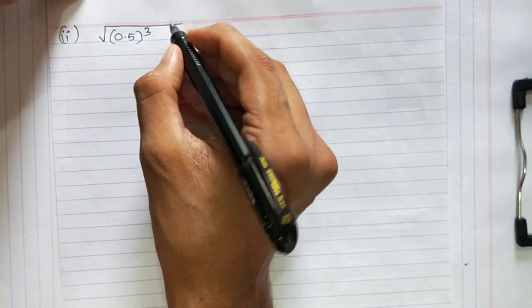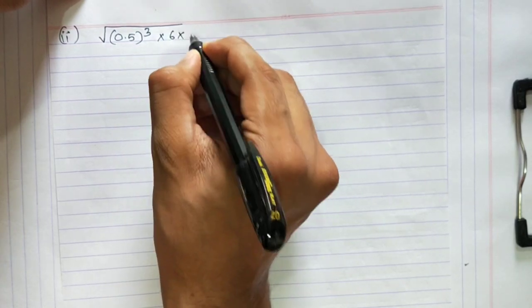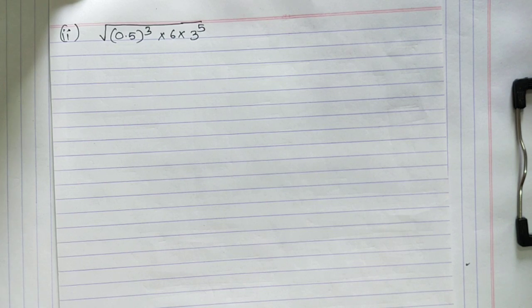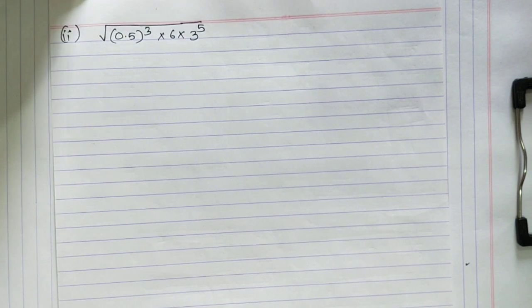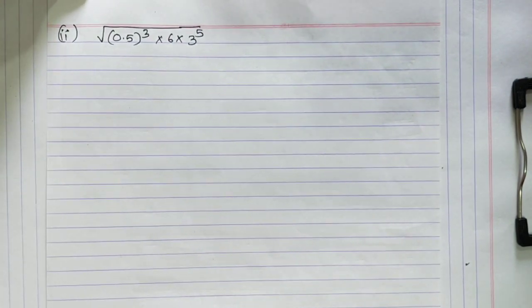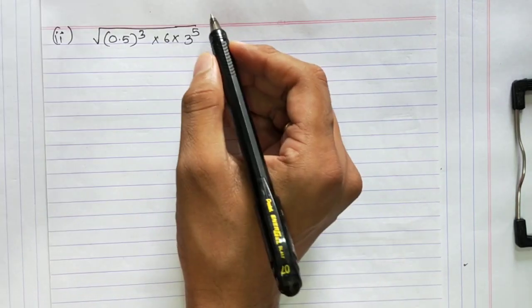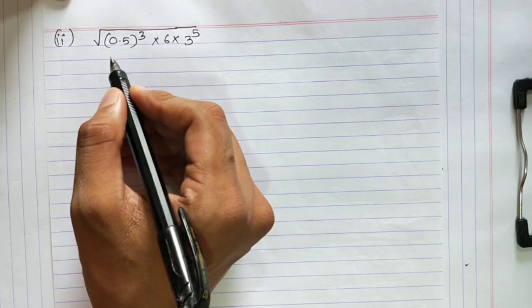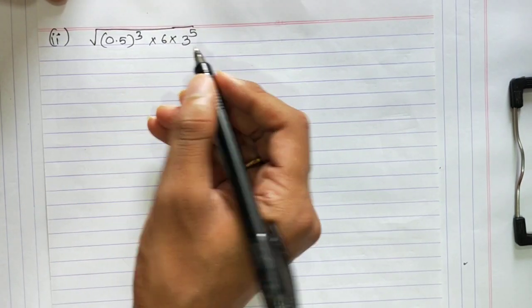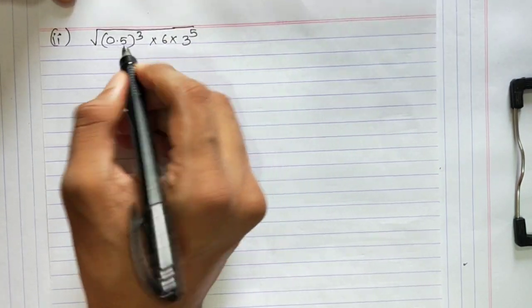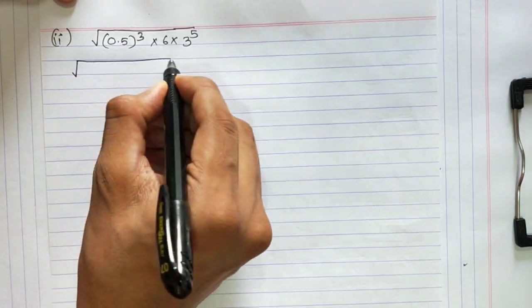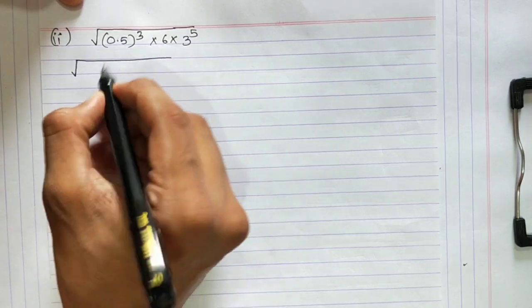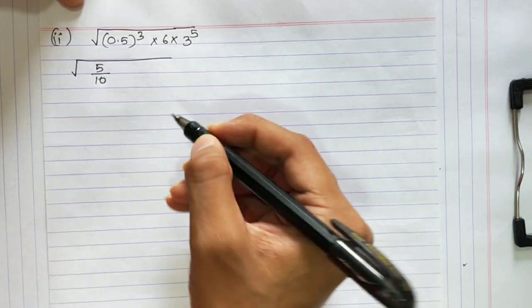Question is 0.5 cube into 6 into 3 raised to 5. So 0.5 can be written as, if I remove this point, this will become 5 upon 10.